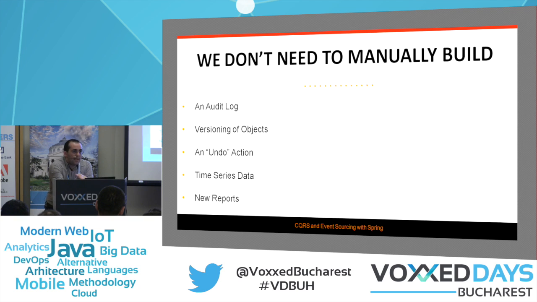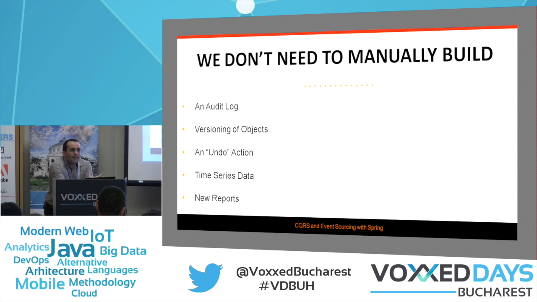Versioning of objects, if you happen to be unfortunate enough to be working on a versioning implementation of your own, that's a big ball of mud, and that's tricky to get right. Well, versioning is, again, no longer a problem if you're keeping track of all of your changes. An undo action, pretty simple. Time series data, if you're doing any sort of time series, like reporting metrics, things like that. New reports, trivial to build on top of existing data.